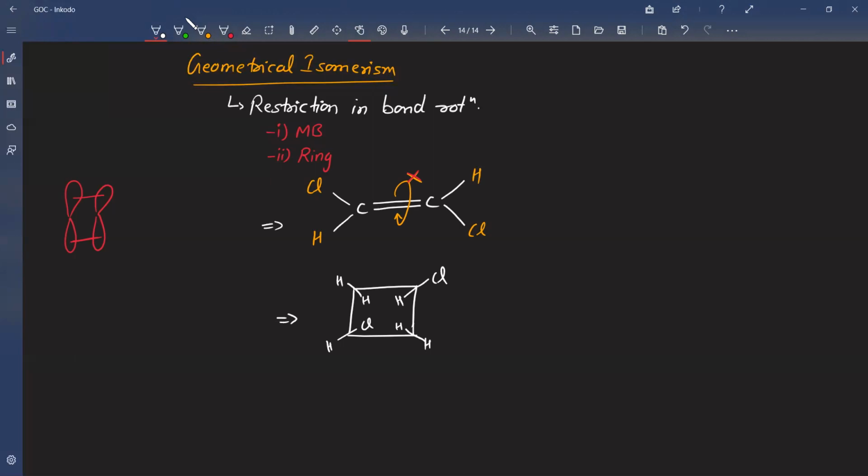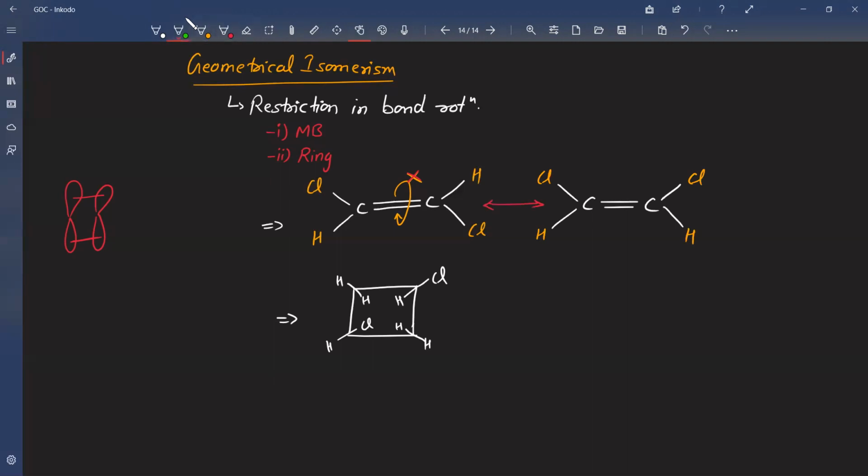For example, in the first case, another configuration which will be possible can be this: Cl, Cl, H, and H. But these two cannot interchange, right?